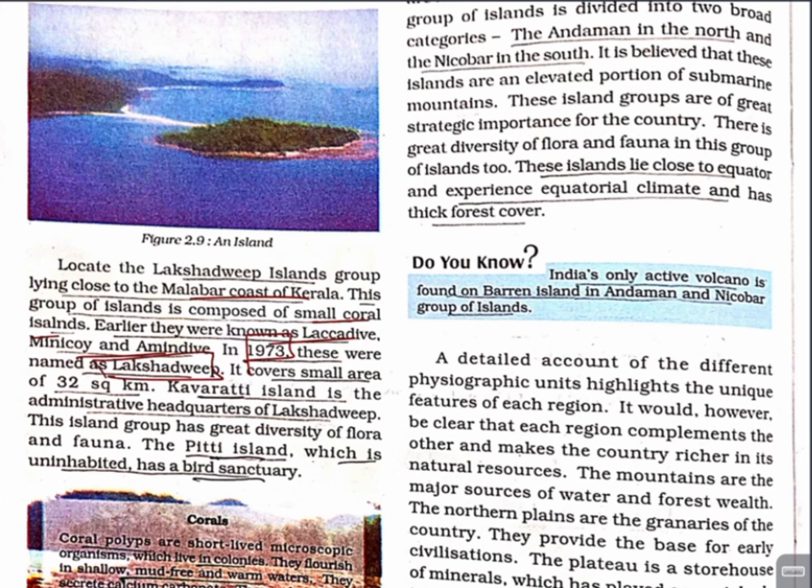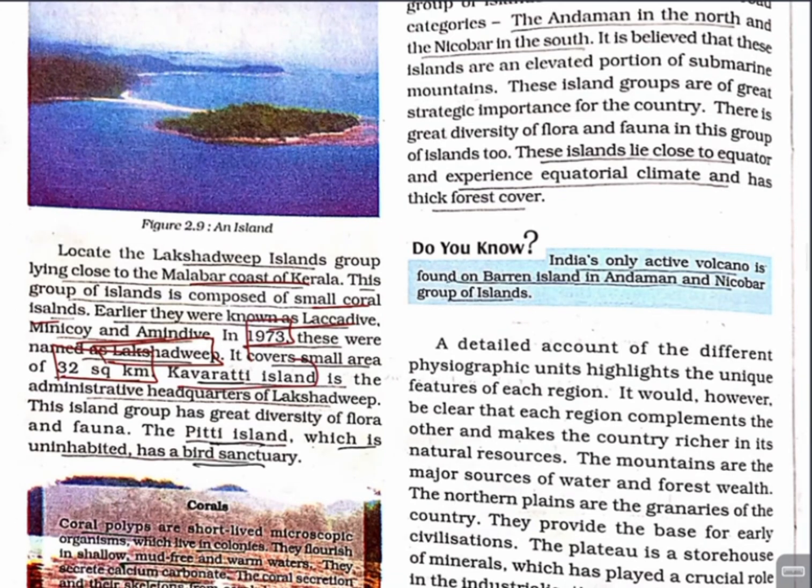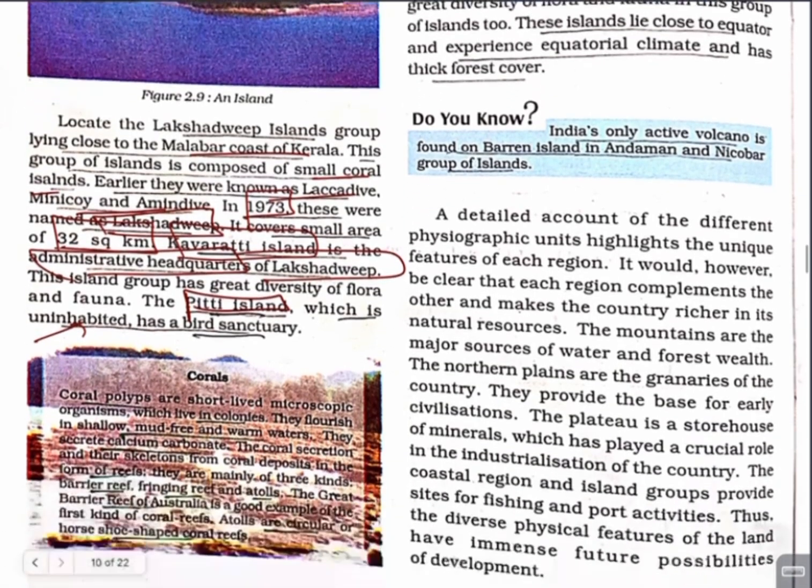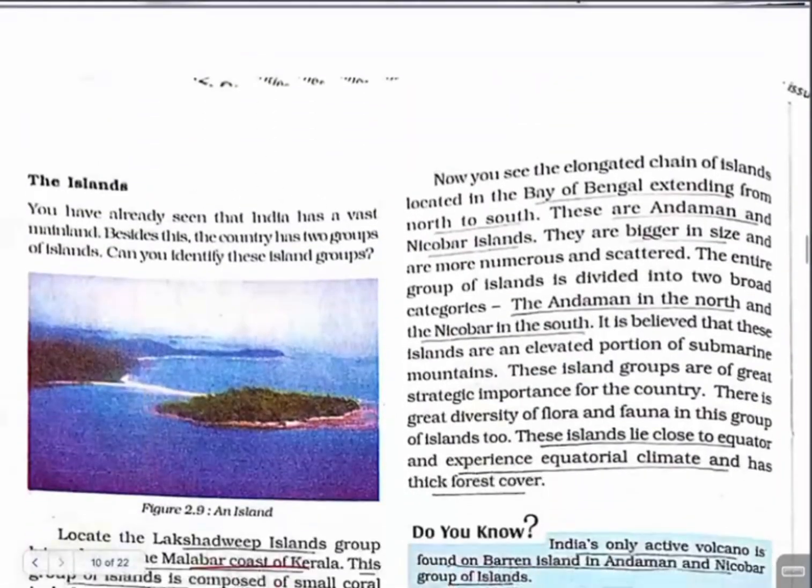It covers a small area of 32 square kilometres. Kavaratti Island is the administrative headquarters. Pitti Island, currently uninhabited, has a famous bird sanctuary.